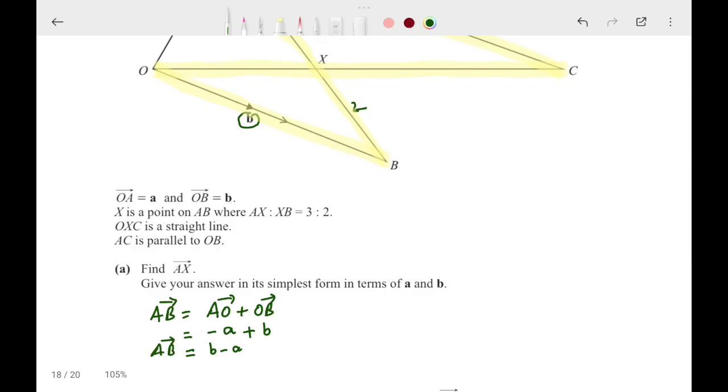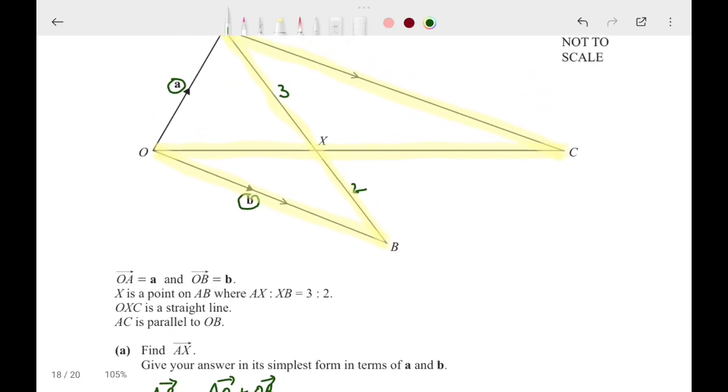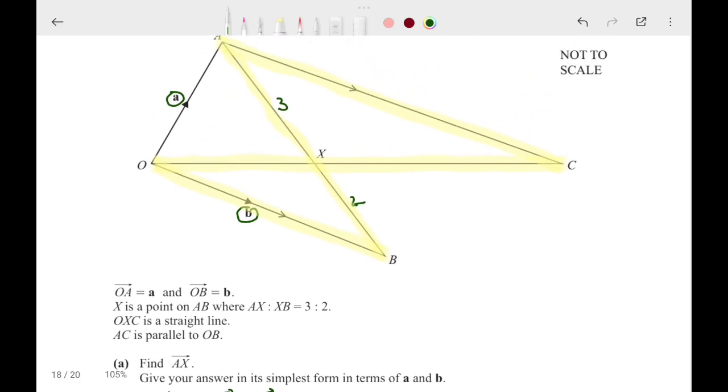Now if you see, the ratio of AX is equal to 3. So we can show some working here, that AX is equal to 3 over the sum of ratios, that is 5, because two ratios are given in this form, 3 ratio 2, and their sum is 5.